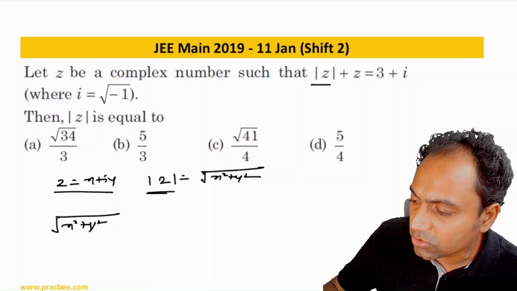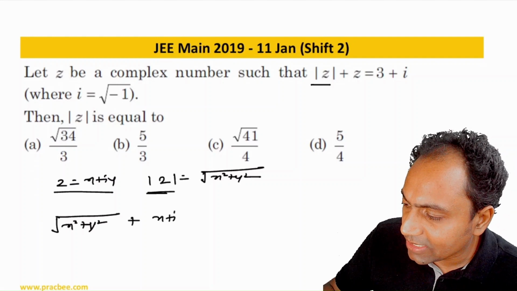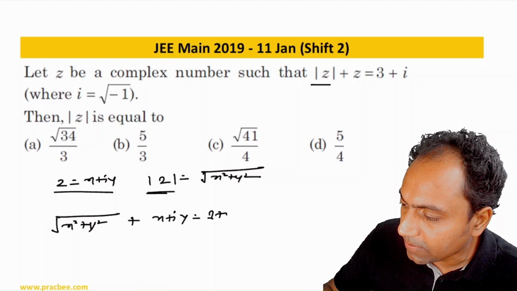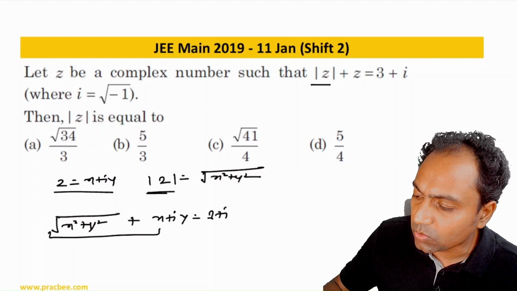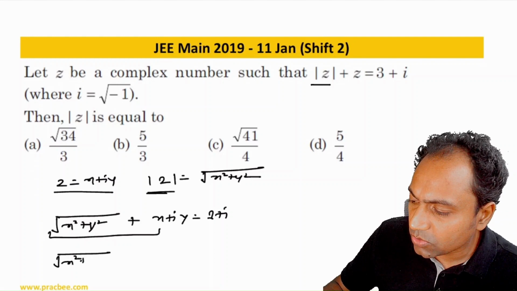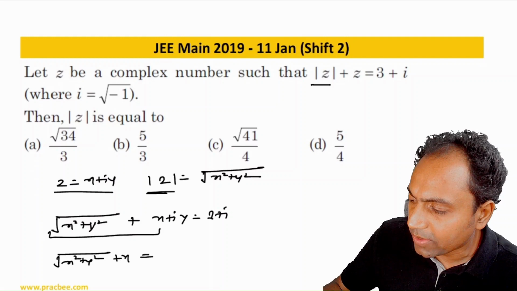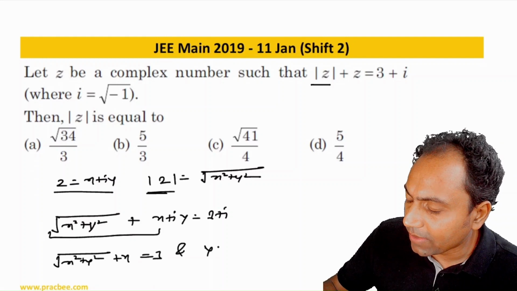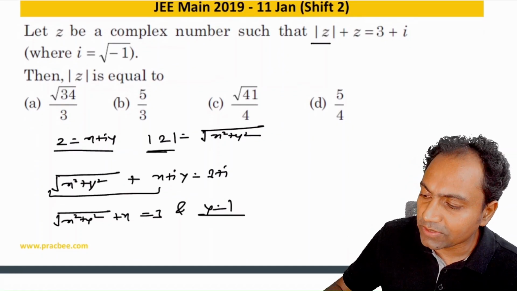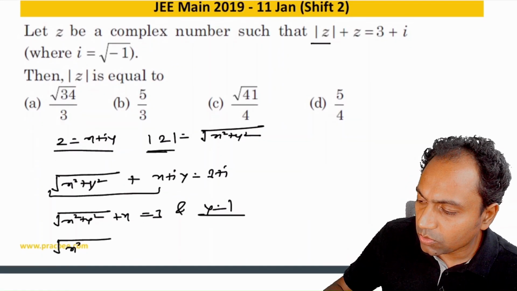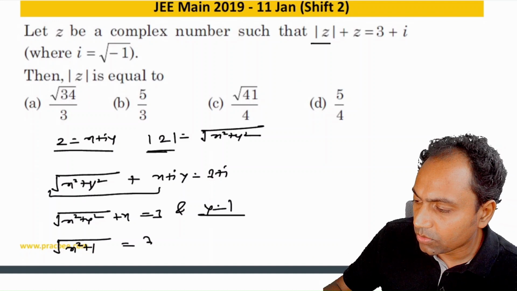So root of x square plus y square plus x plus iy is equal to 3 plus i. You can see that the real part on this side is this much. So root of x square plus y square plus x would be equal to 3 and y will be equal to 1. So once you have got this, you can put this value of y in the first equation. So this becomes root of x square plus 1 is equal to 3 minus x.